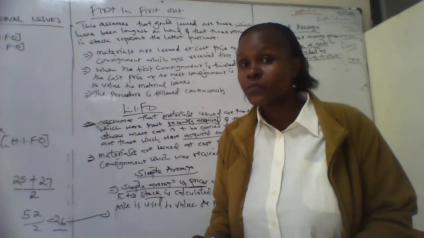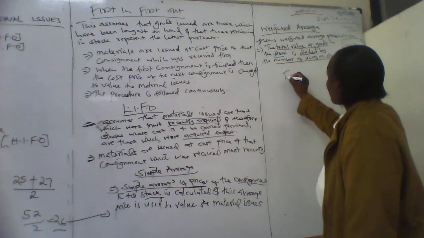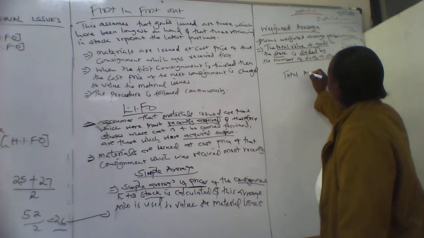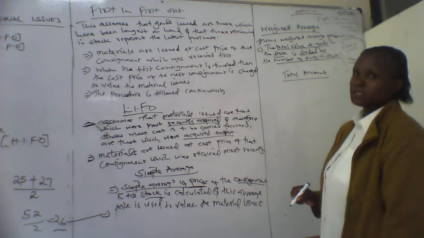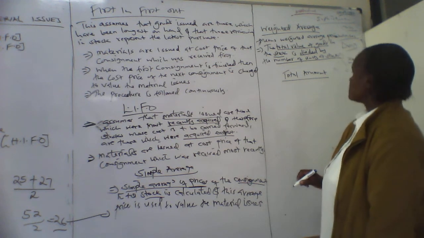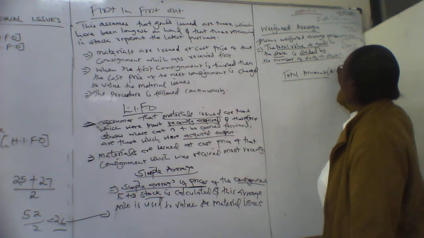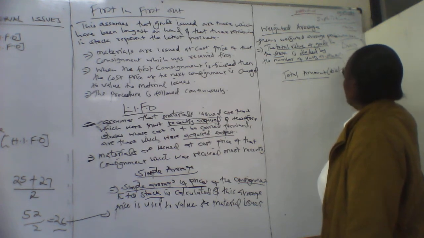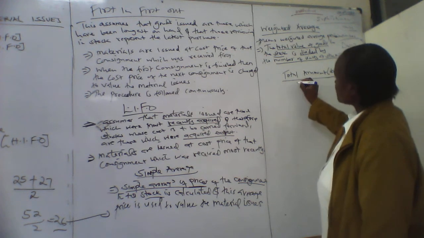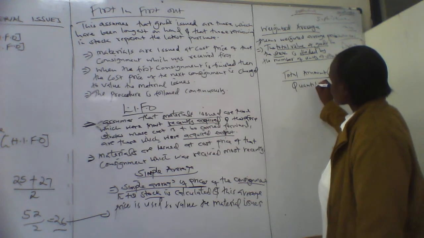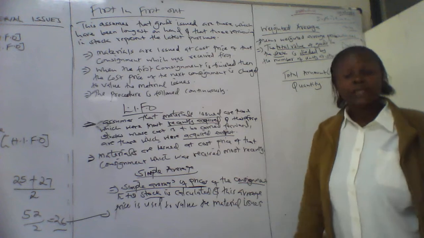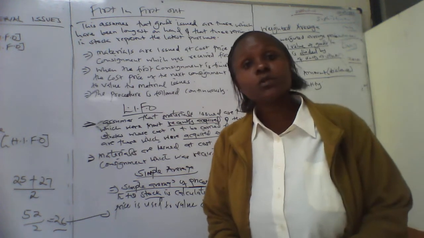So meaning the total amount of the goods in the store. Mostly we look at the balance in the store. You divide by the quantity of the goods in the store.